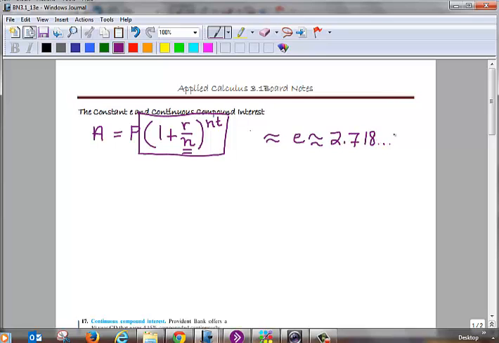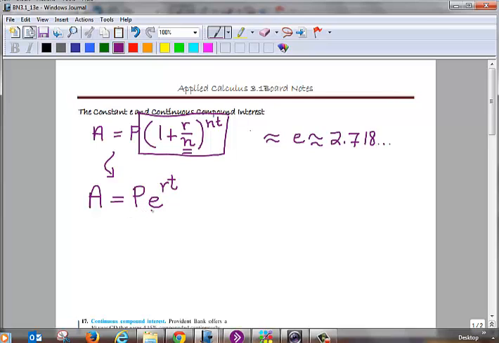All right, so when we talk about continuous growth of interest, we take this formula and it morphs into the formula that the amount we'll have after a particular period of time is the amount that we start with multiplied by e to the power of r times t, or the PERT formula.